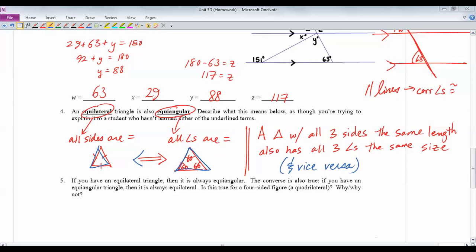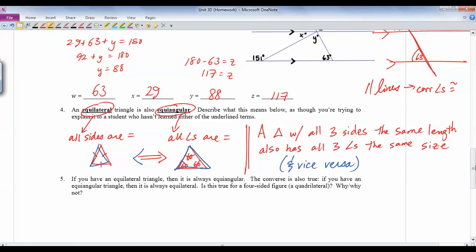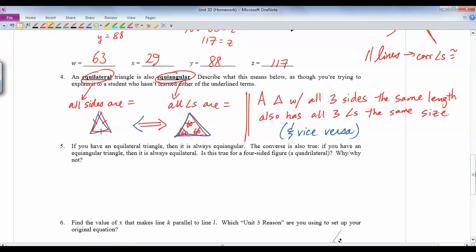So then the question is, is that true for quadrilaterals, 4 sides? One of the questions would be, if all 4 sides are the same, does it have to be equiangular? Do all 4 angles have to be the same? Well, let's think about that.